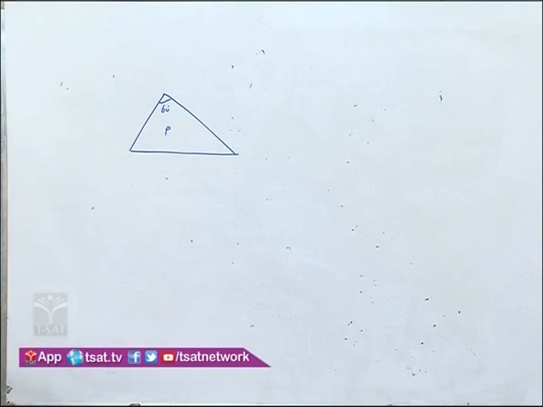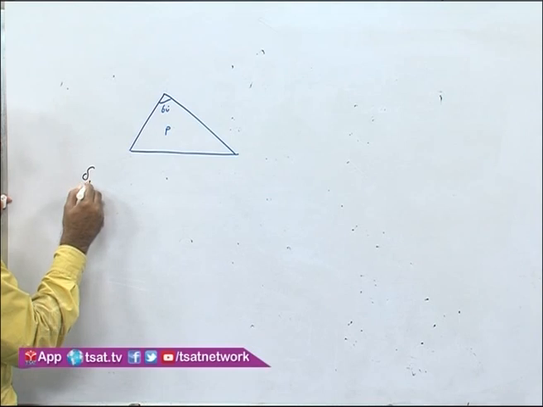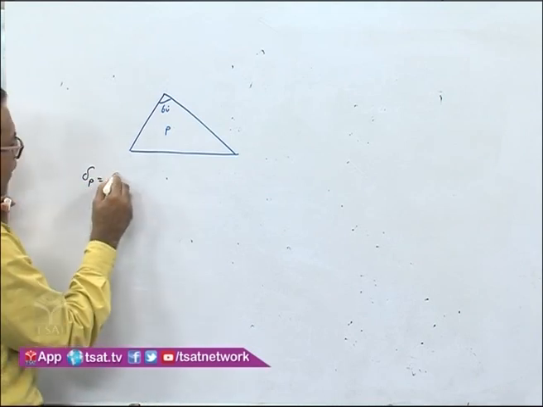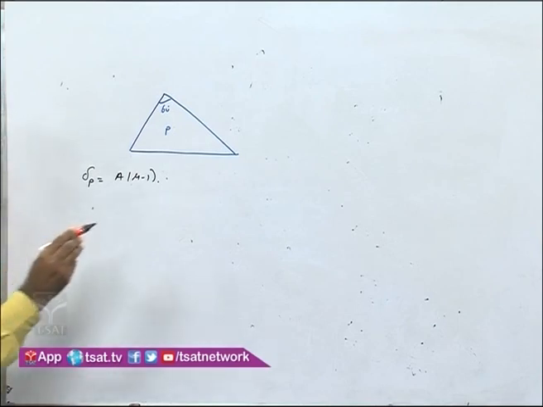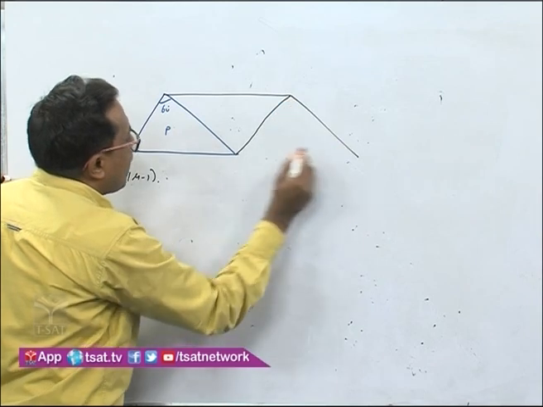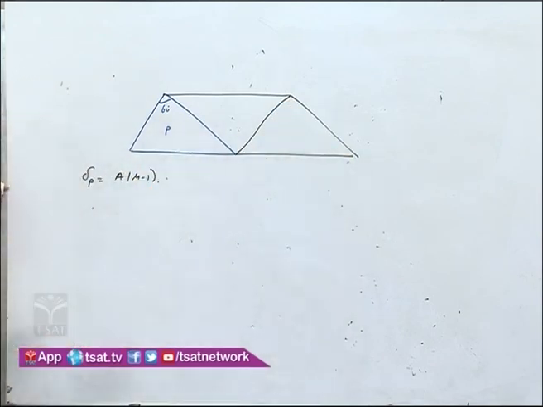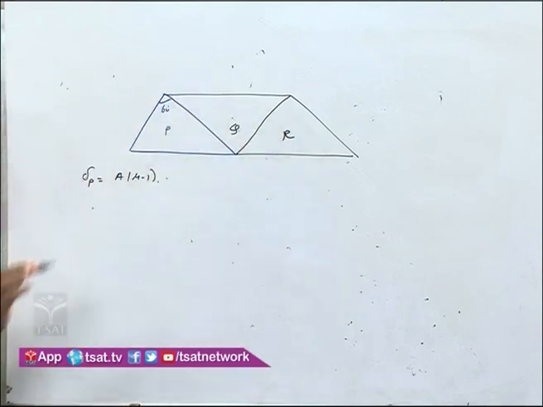For example, say the deviation produced by this prism P is equal to A into mu minus 1. Now we have put two prisms like this, and they are termed Q and R. They are made up of the same material and they are identical.